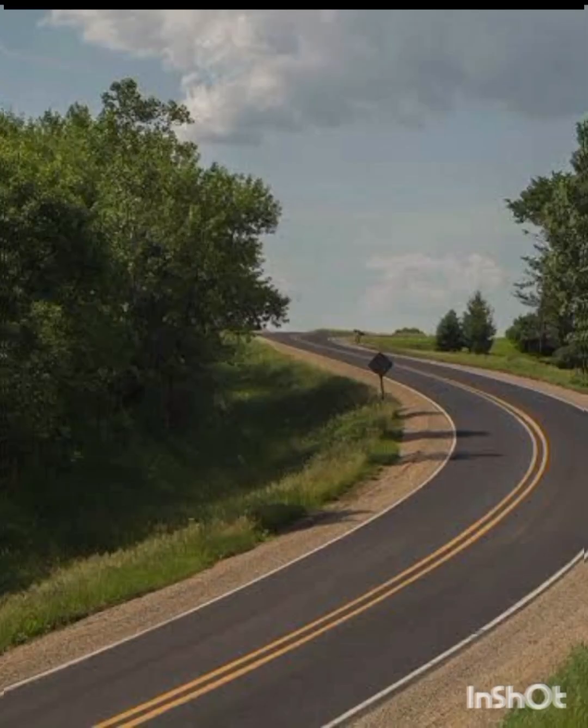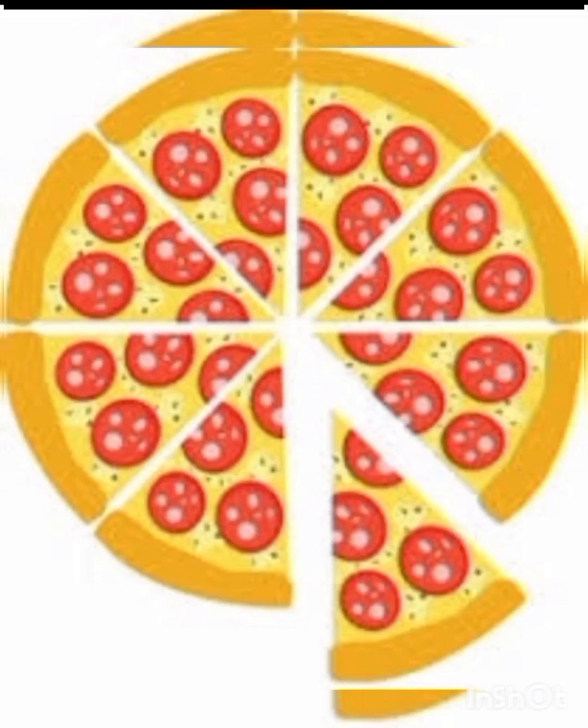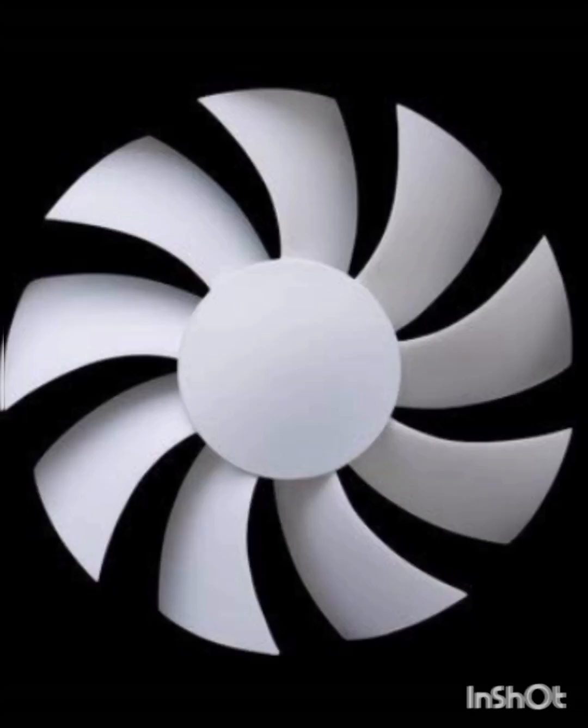You can see the road curve, the pizza, and the fan blades. Which shape are you seeing? To let you know, circles, arcs, and sectors appear in real life all the time.